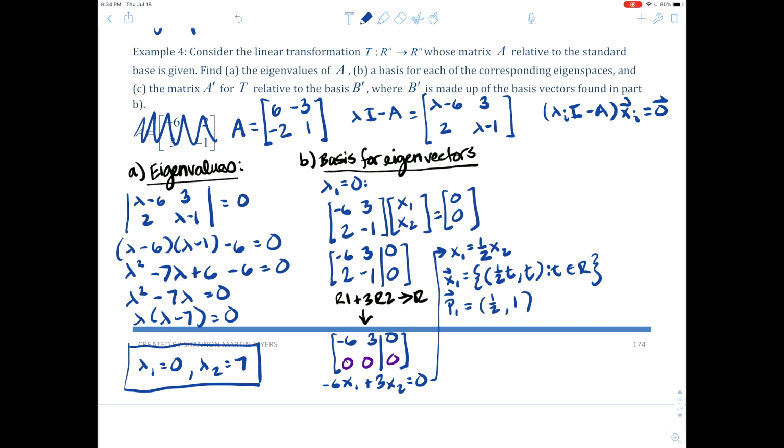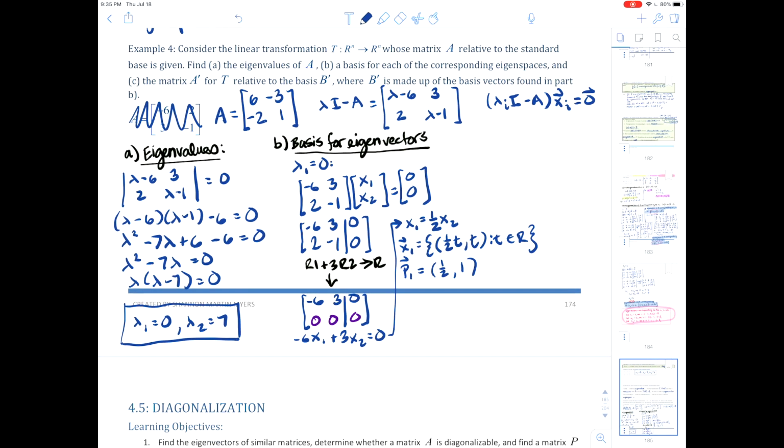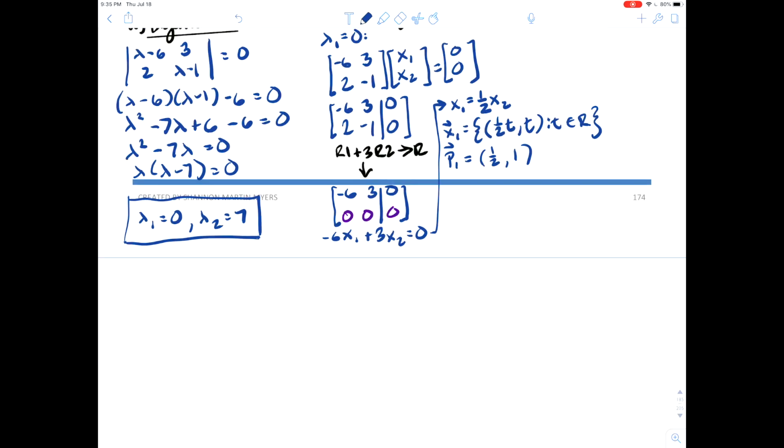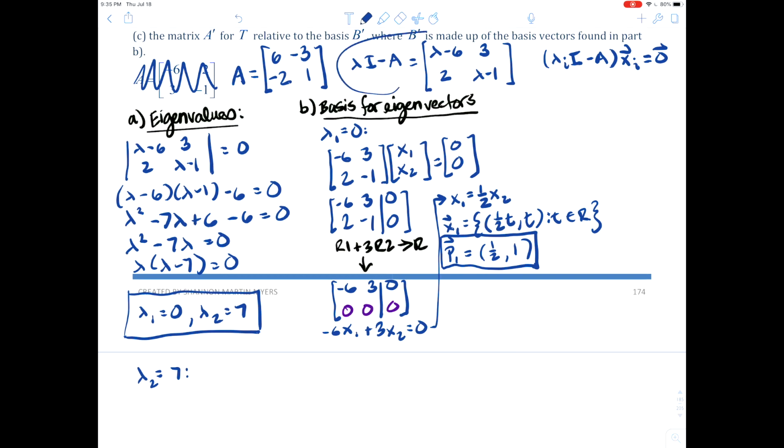Good so far? Awesome. So that's one of our bases. Actually, we'll just leave it as P1. All right, and then for lambda 2 equal to positive 7, again we're using this matrix to plug in lambda equal to 7.